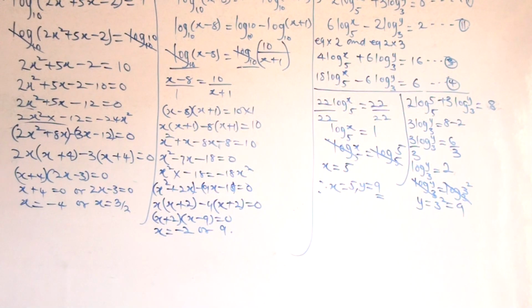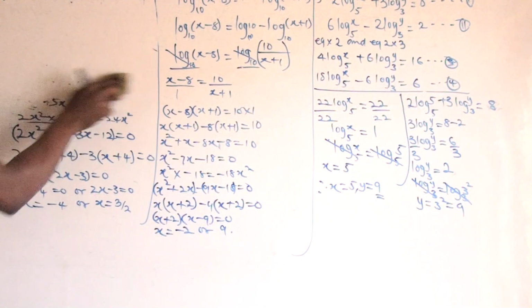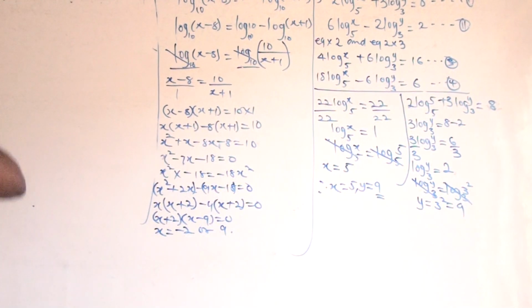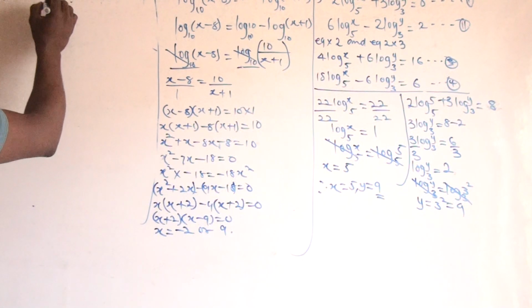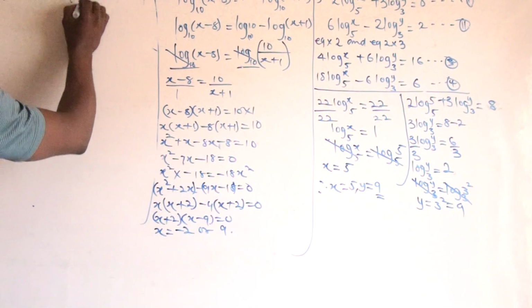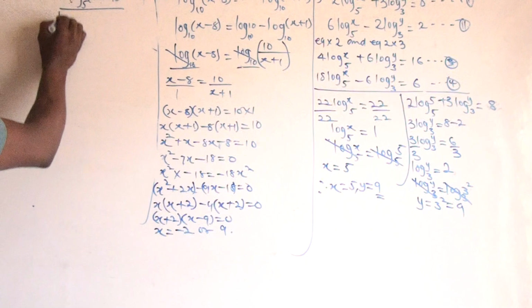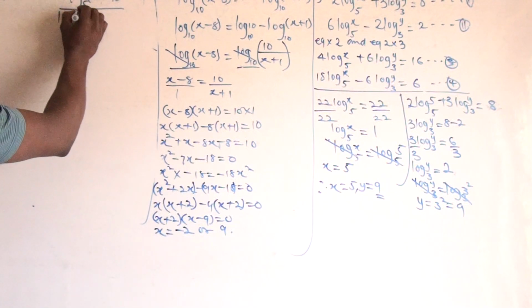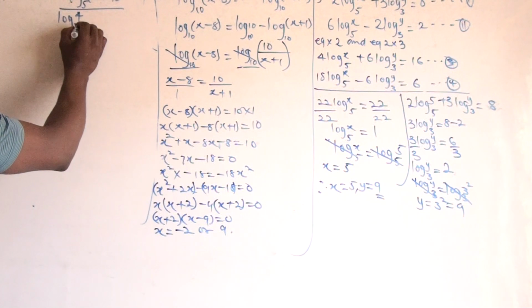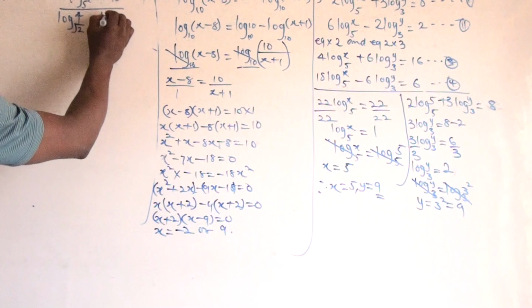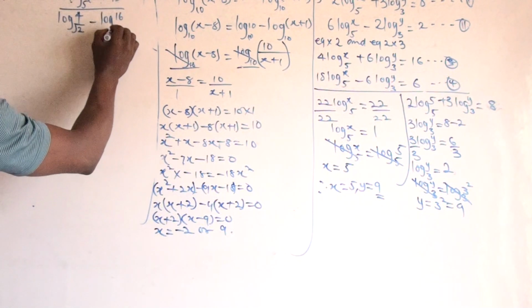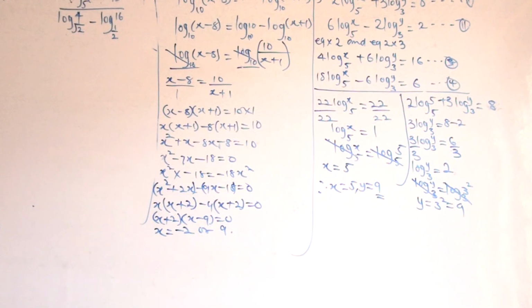The other question says evaluate log base 5 open bracket 0.04 all over log 4 base square root of 2 minus log 16 to base half. Evaluate this.